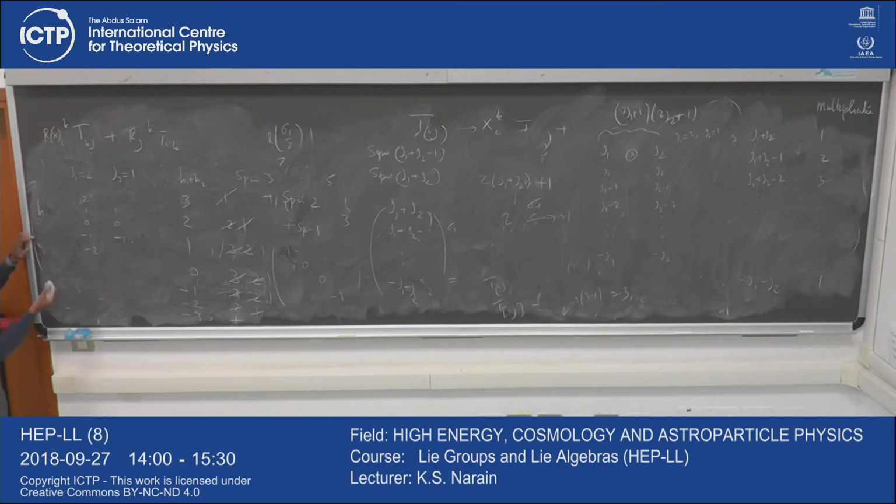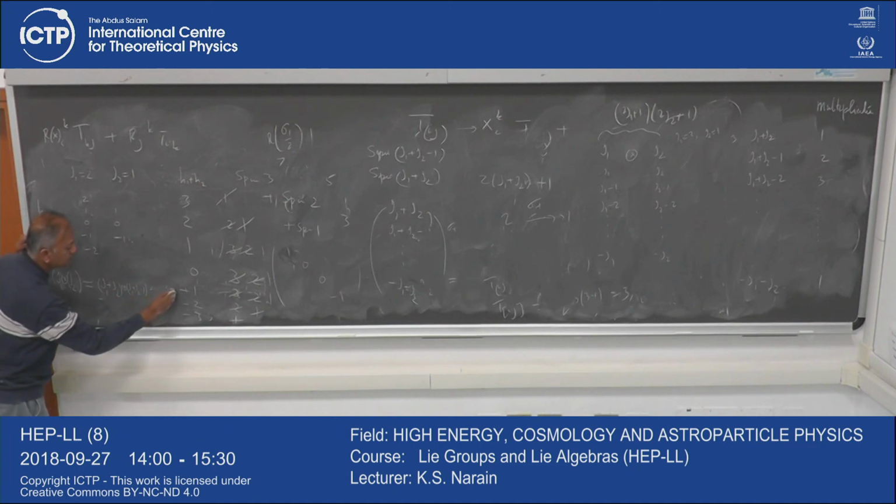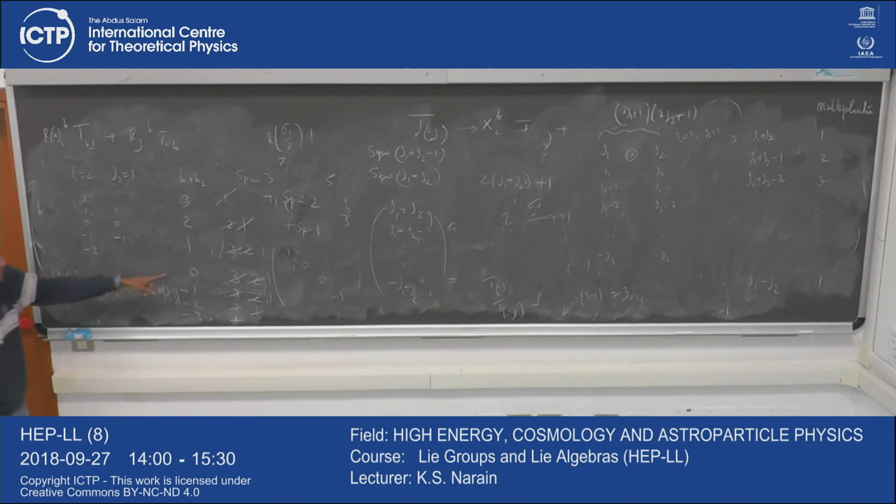The rule you already know from undergraduate: if I take J1 and J2 and take the tensor product of these representations, then you decompose into irreducibles, which are J1 plus J2, the highest, plus J1 plus J2 minus 1, all the way down to the absolute value of J1 minus J2. Right? That's indeed exactly what we found here.